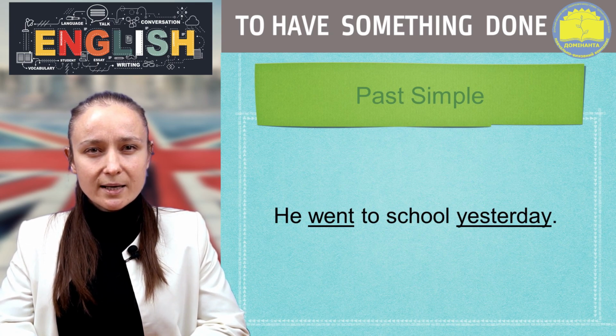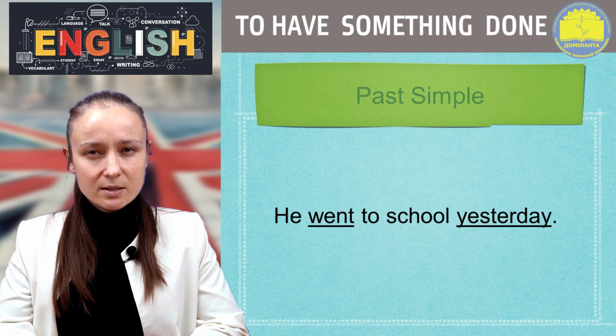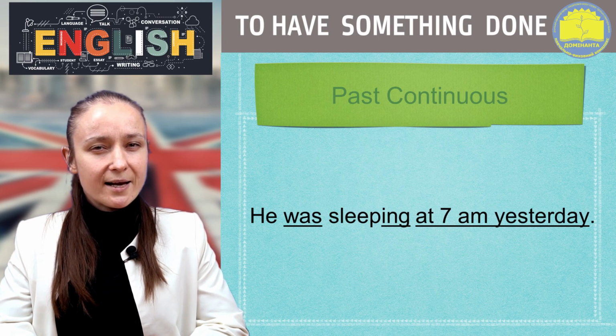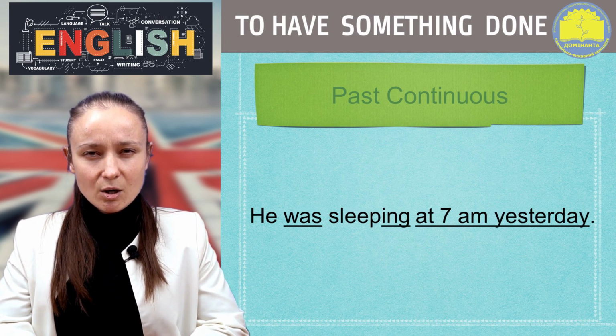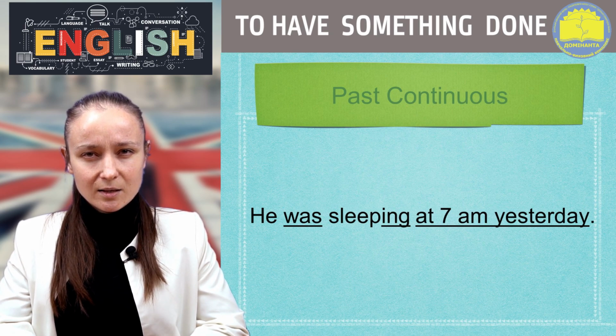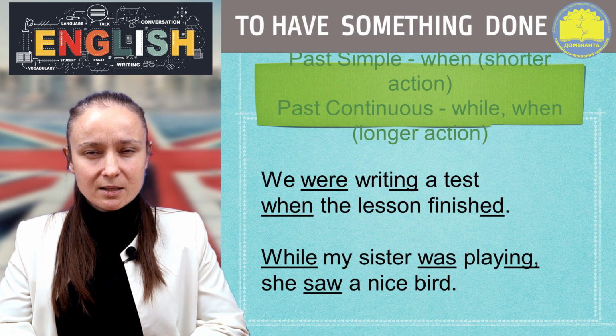We use the past continuous when we talk about a longer activity in progress. For example, he was sleeping at 7 a.m. yesterday. When there's a need to have the past simple and past continuous tenses together in one sentence, we use when or while before the past continuous, and we use when before the past simple tense.